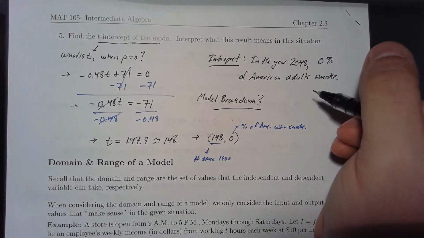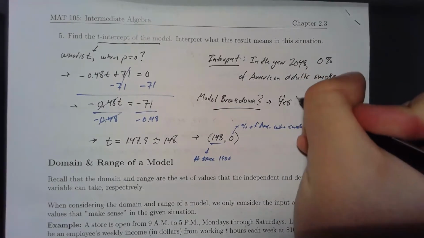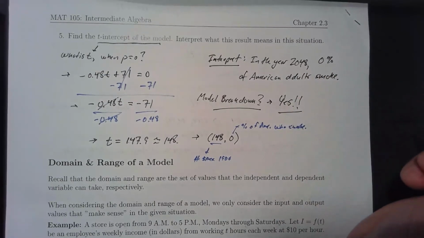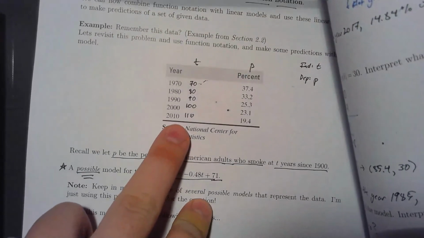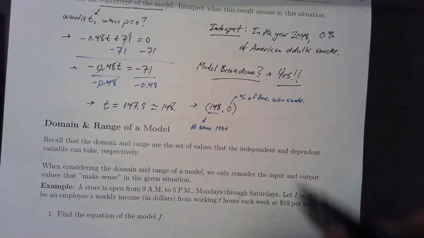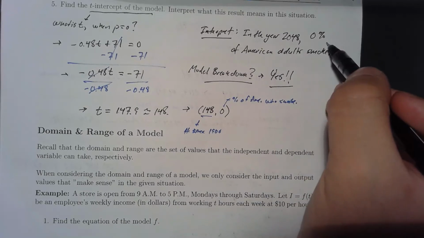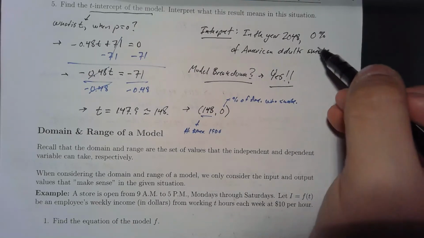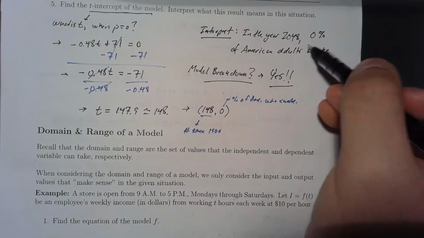Well, this is model breakdown, definitely. It's model breakdown for two reasons, actually. The year 2048 is a little too far in the future from 2010. Also, it could be model breakdown because this says in the future 0% of American adults smoke. Well, I'm sure there's going to be at least a few people in the future that smoke cigarettes.